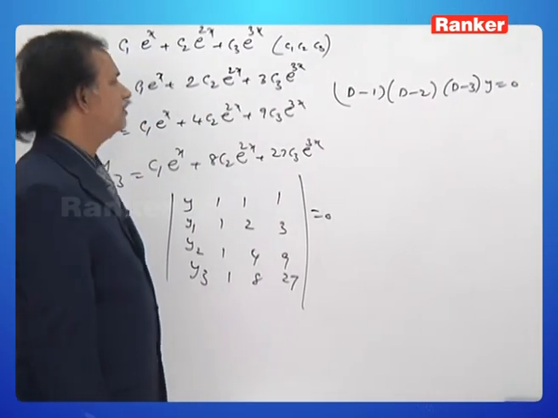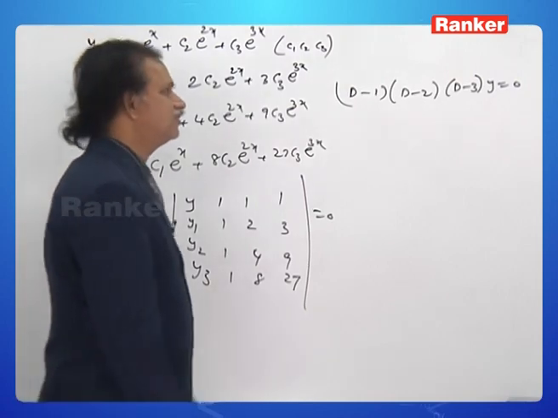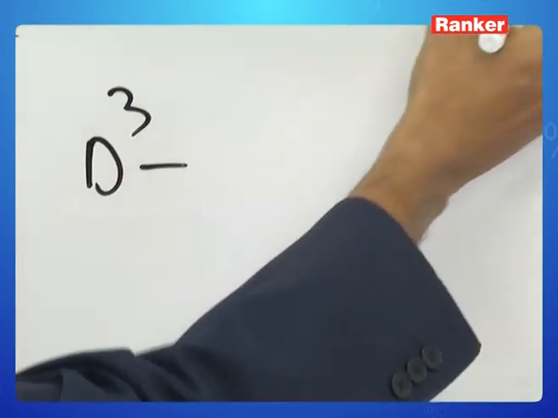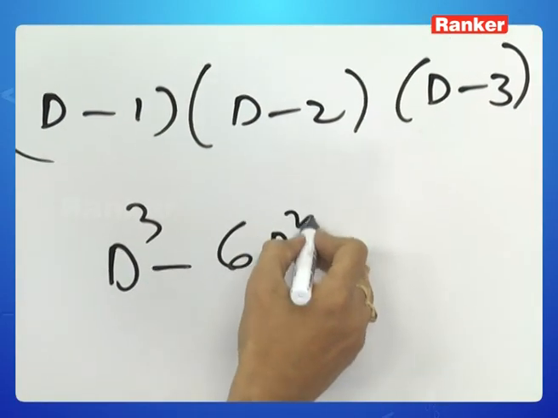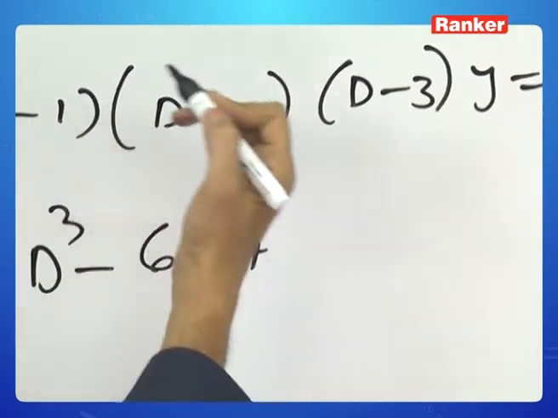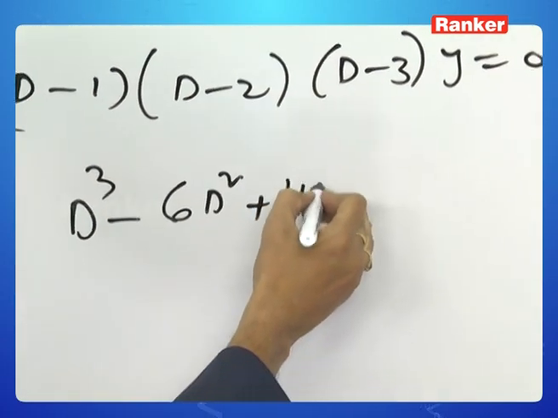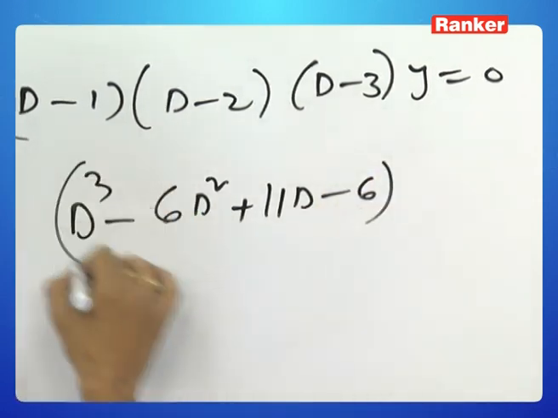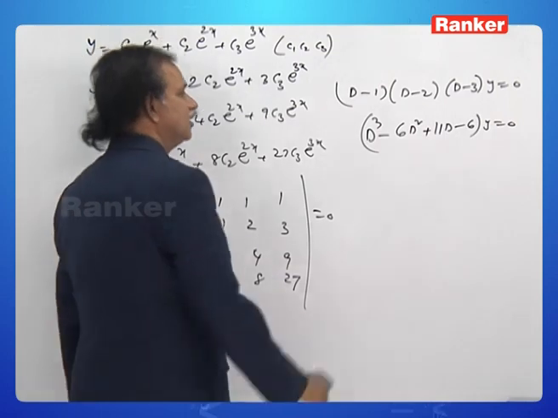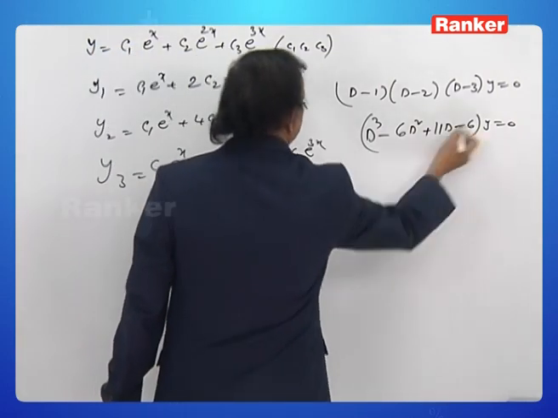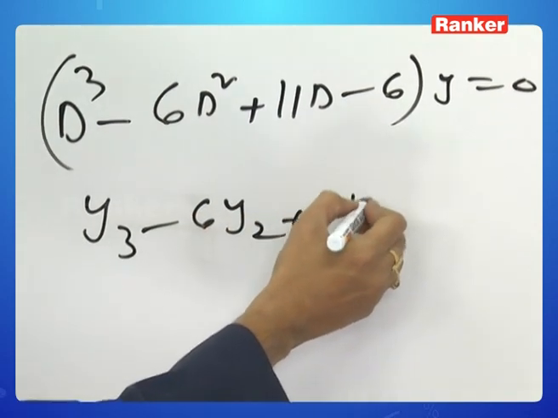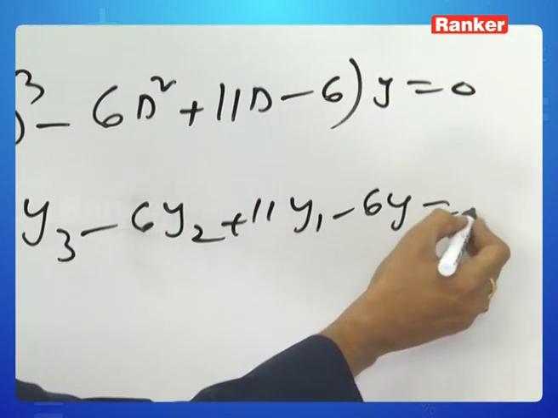That is D cube minus (1 plus 2 plus 3) which is 6D square, plus (1 into 2 plus 2 into 3 plus 3 into 1) which is 2 plus 6 plus 3, 11D, minus 6, of y is equal to 0. So D cube y means y3 minus 6y2 plus 11y1 minus 6y is equal to 0.